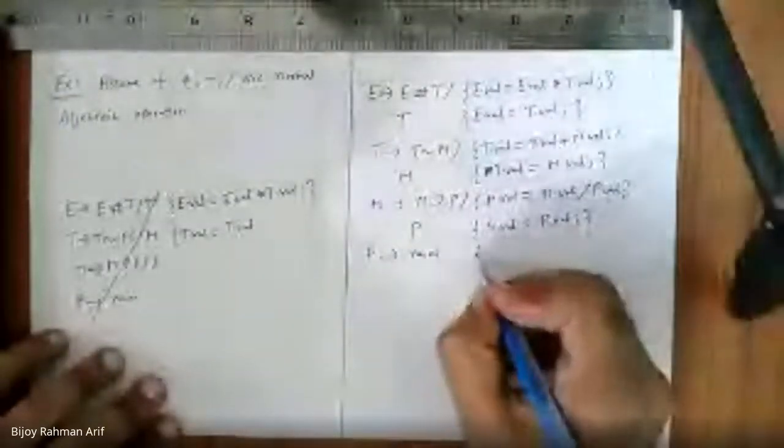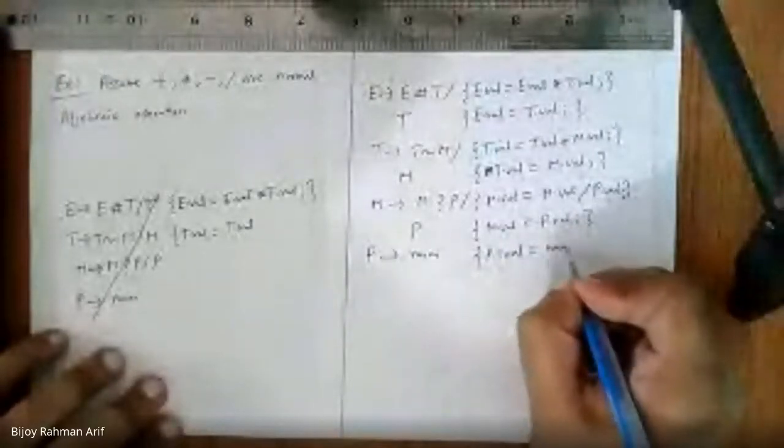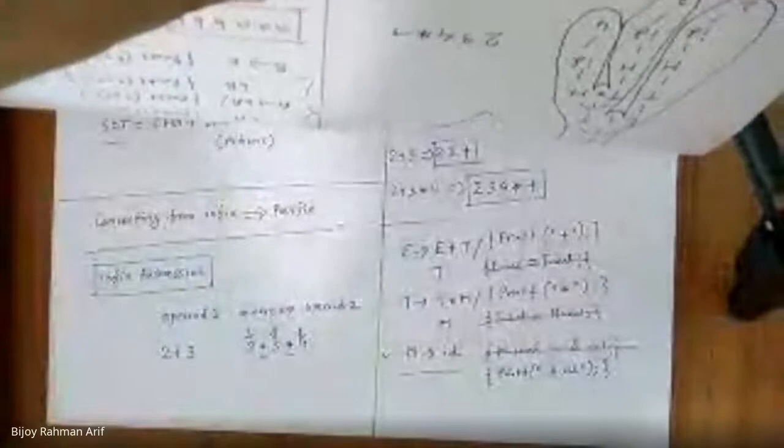P dot val is nothing but num dot lexical value. Okay, so these are the associated actions. So it is totally an SDT.